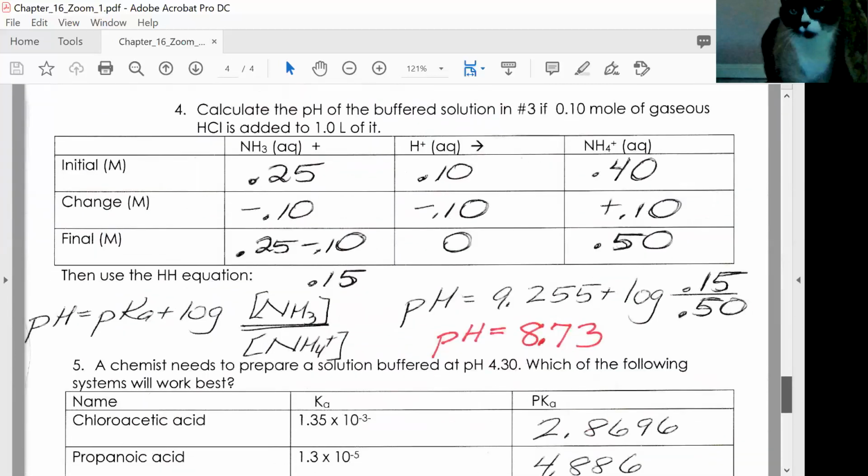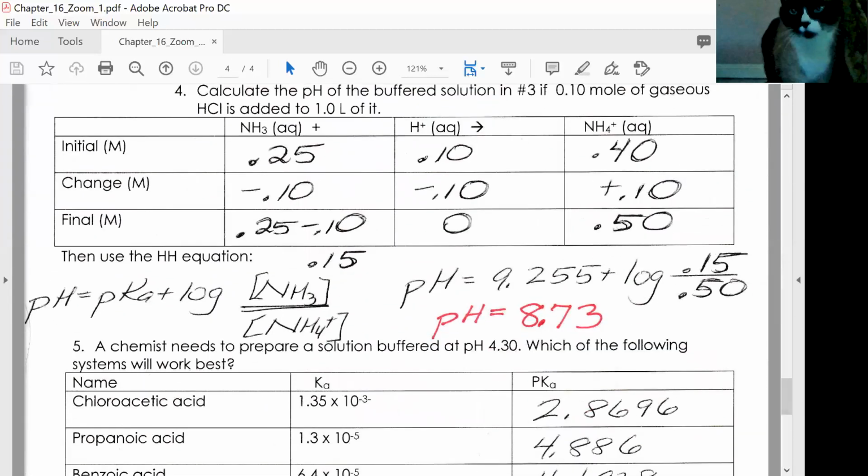Okay, another buffer question. Calculate the pH of the buffered solution in number 3 if 0.1 mole of gaseous HCl, which is hydrogen chloride, is added to 1 liter of it. So this is all part of the same problem. So let's fill in our initial.